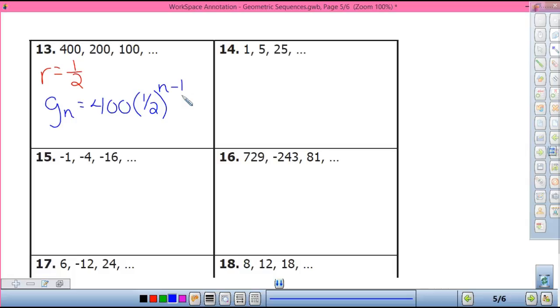What's going in to my exponent? 6 is going in for my exponent. So 1/2 to the 6th power, and you'll get a decimal. That's okay. And then multiply it by 400, and we get 6.25.